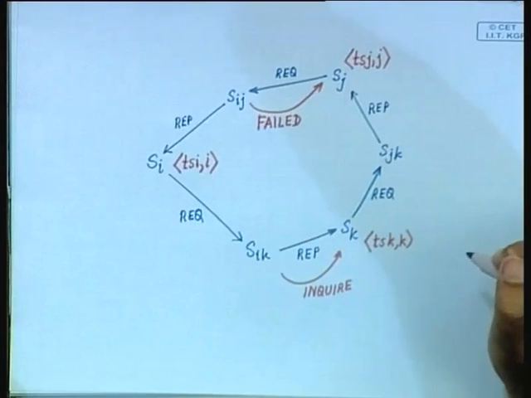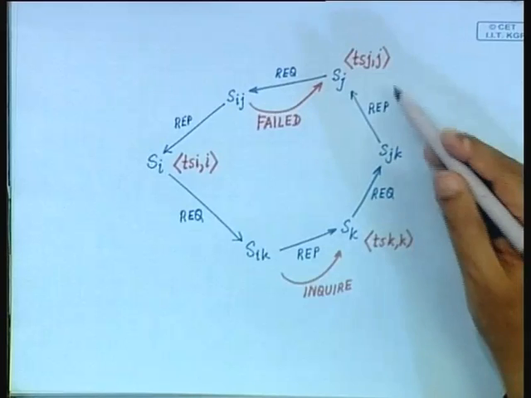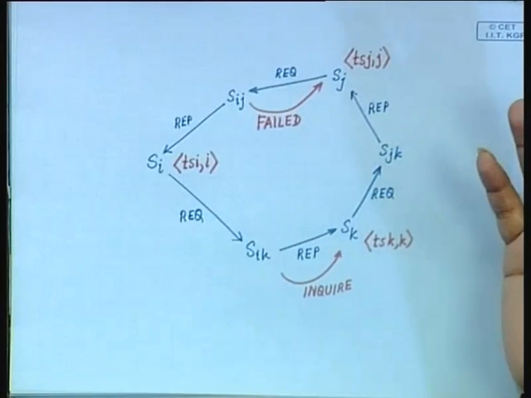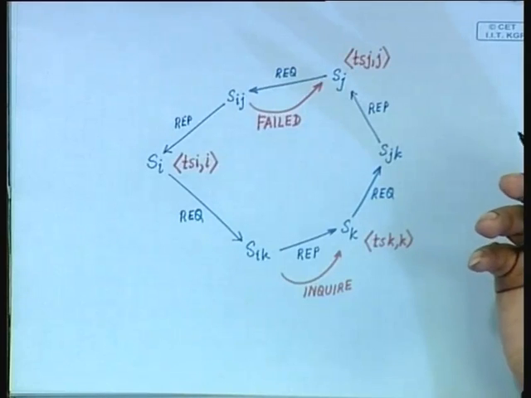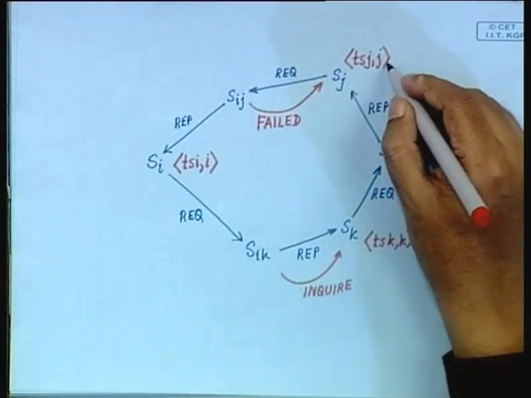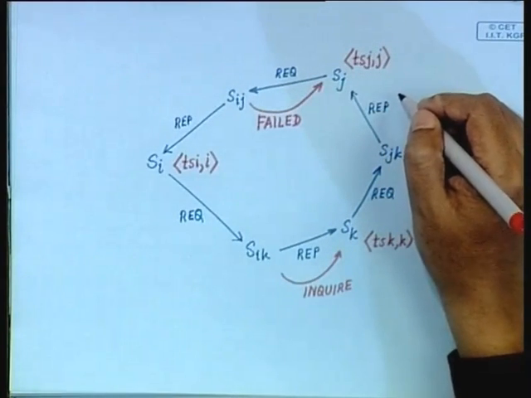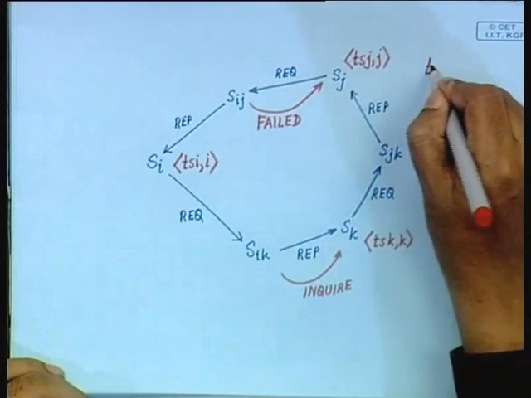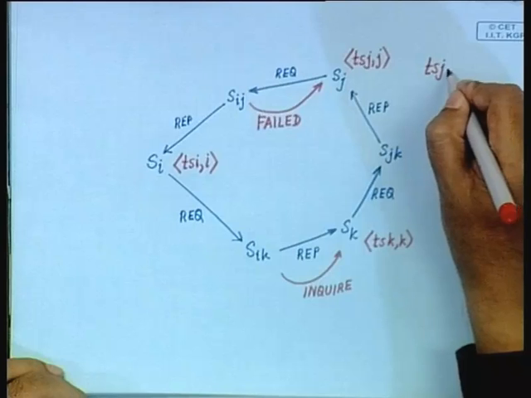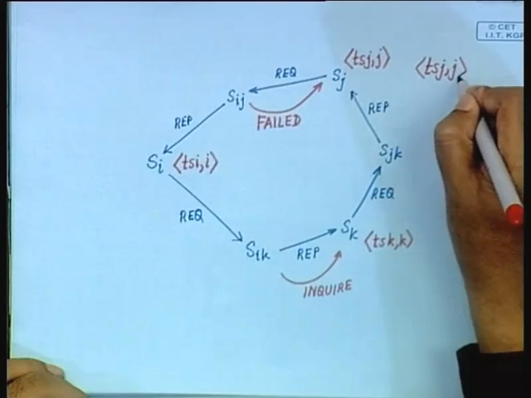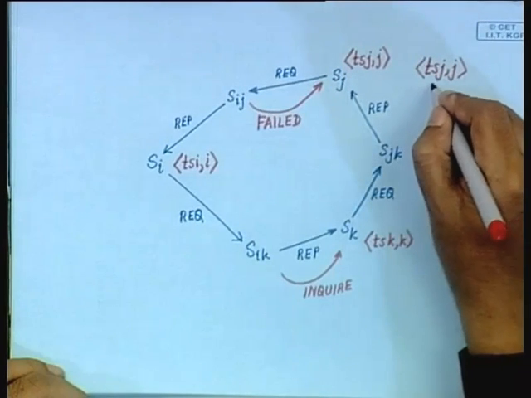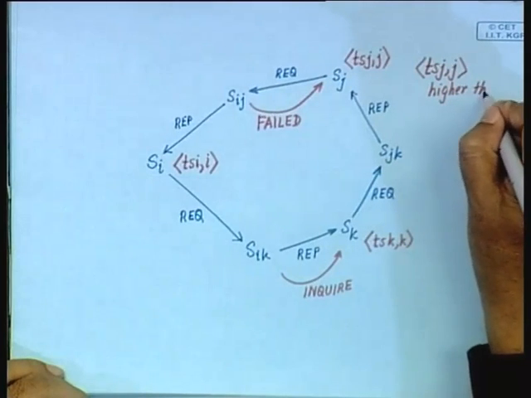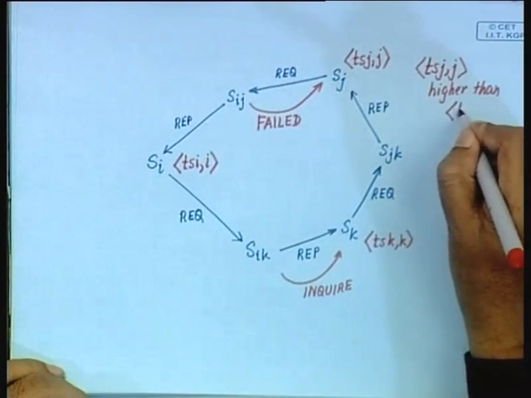right. Now, between these two, which one should we assume to be smaller without loss of generality? You just tell me. Suppose we say that Tsj has higher priority, okay. So, we are saying that Tsj is higher than Tsk.